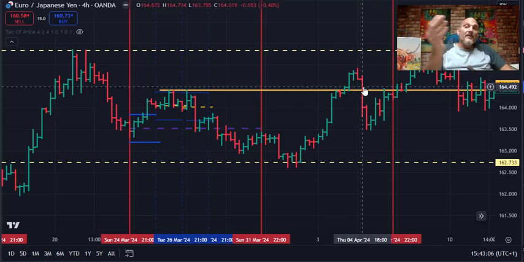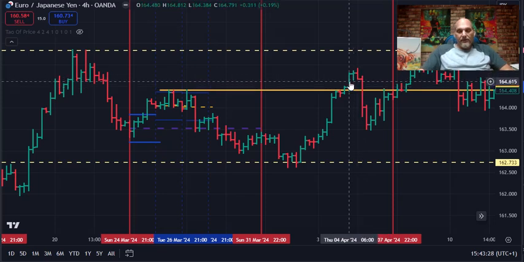So now what about a top lock? Top lock is the exact opposite. Top lock is the first close less than the close 4 bars before it, or the first close less than all 4 bars. So when I'm counting this bar, I'm going back 1, 2, 3, 4.